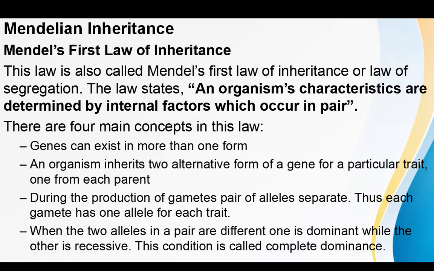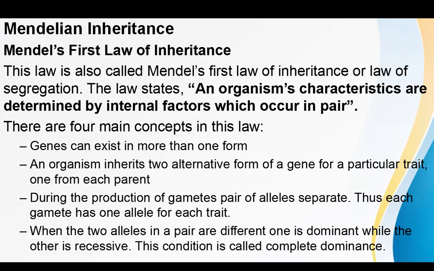The third is that during the production of gametes, the pair of alleles separate. Thus, each gamete has one allele for each trait, which is going to combine with the allele from the other parent.